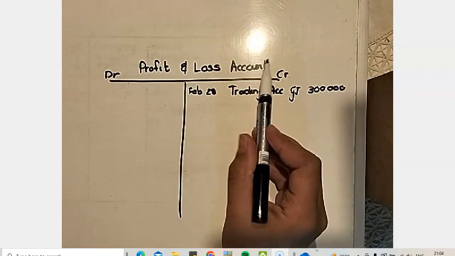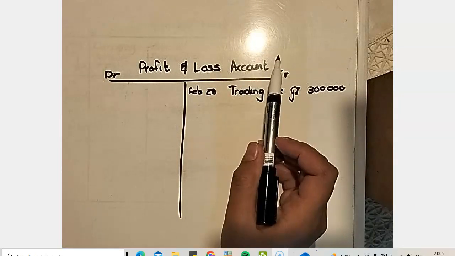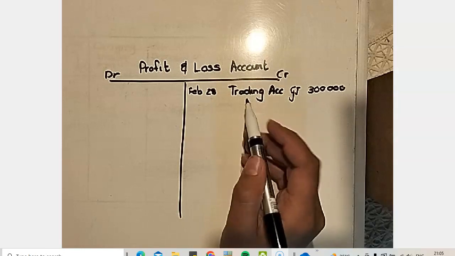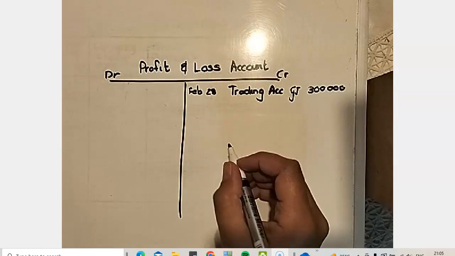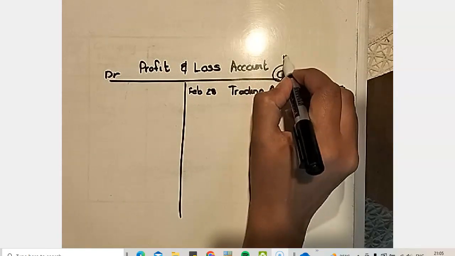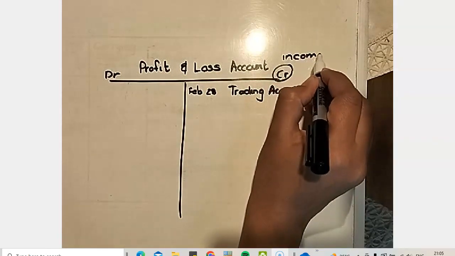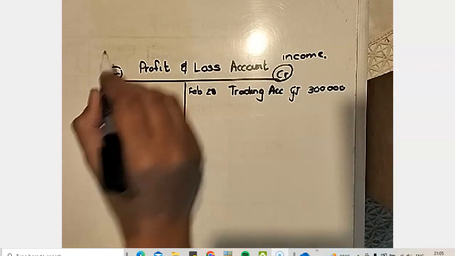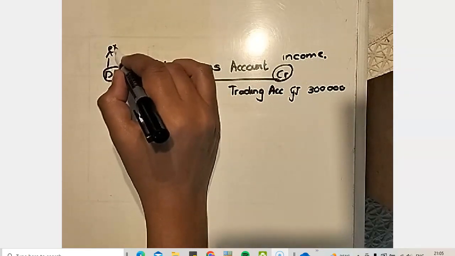But now, what should always be credited in the profit and loss account? In the profit and loss account, on the credit side, you will have your income. So the credit side will have income, and the debit side will have your expenses.